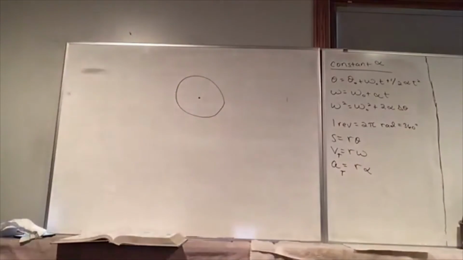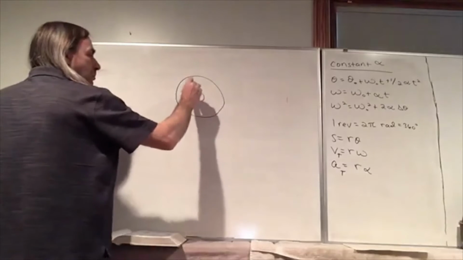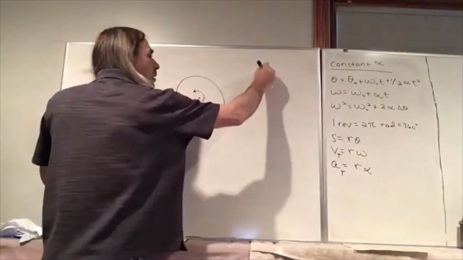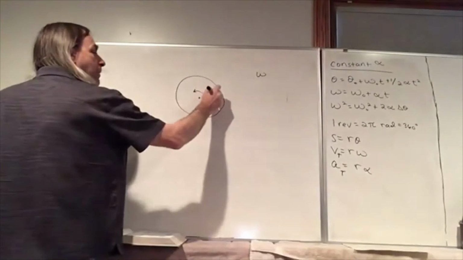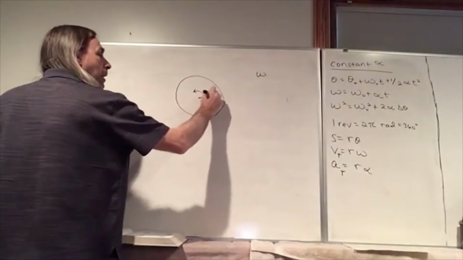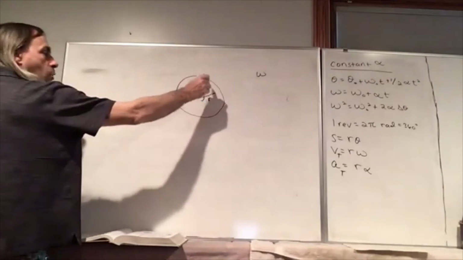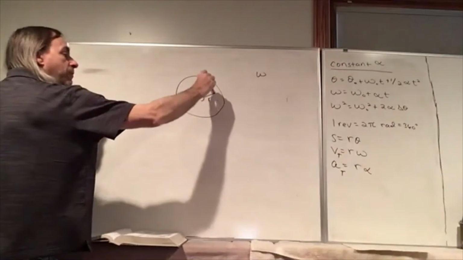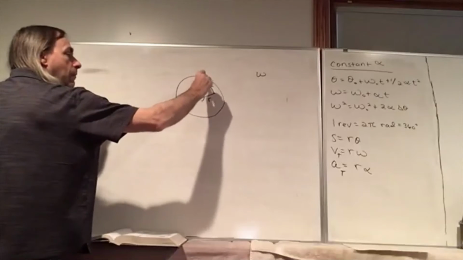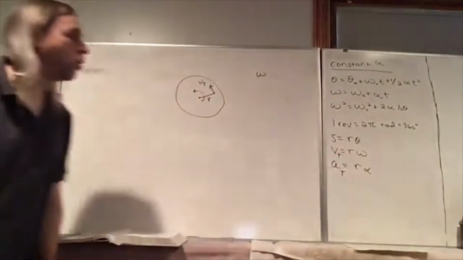So let's say our disk is rotating at a particular angular velocity omega, which may or may not be constant. And let's look at a point on the disk that is at a distance r from the center. So this point is moving around in a circular motion, it has a tangential velocity. And that tangential velocity is given by r omega.